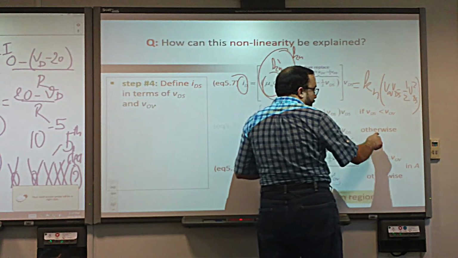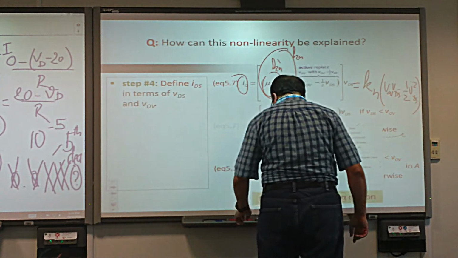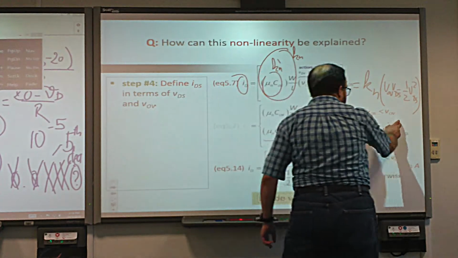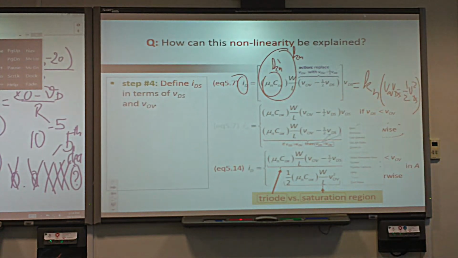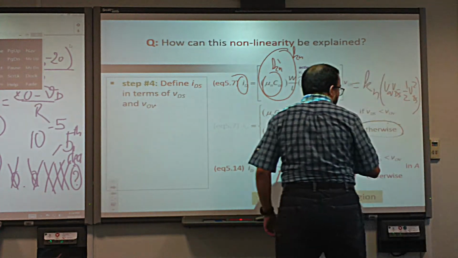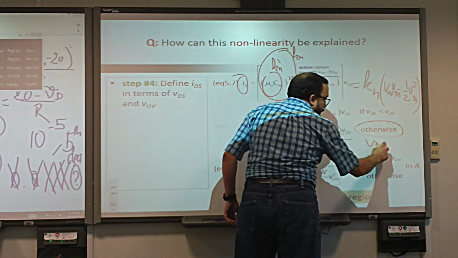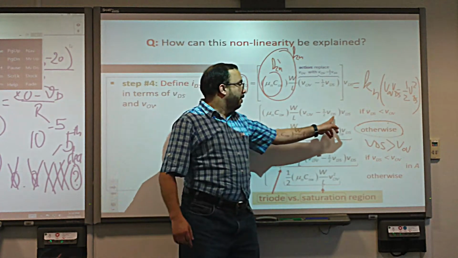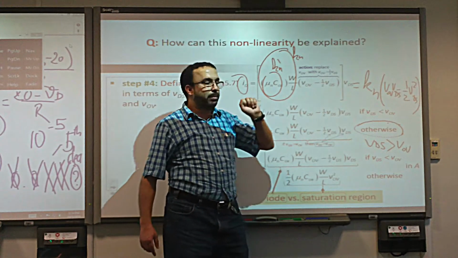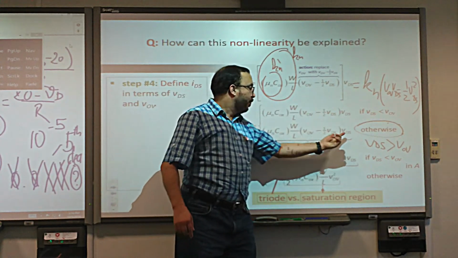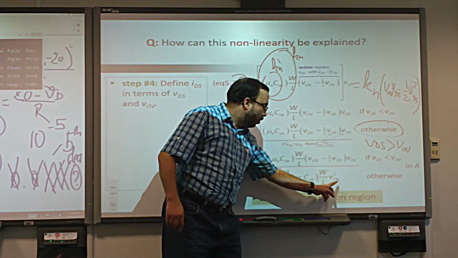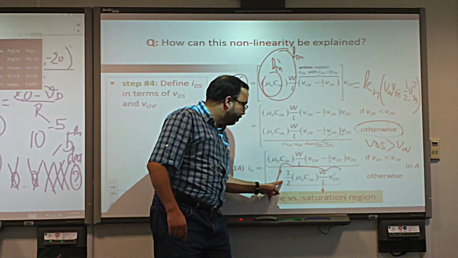Now, if VDS is above V overdrive, then we have to replace VDS by the overdrive. We'll explain that in a second. And when we replace VDS by the overdrive here and there, we get this equation.